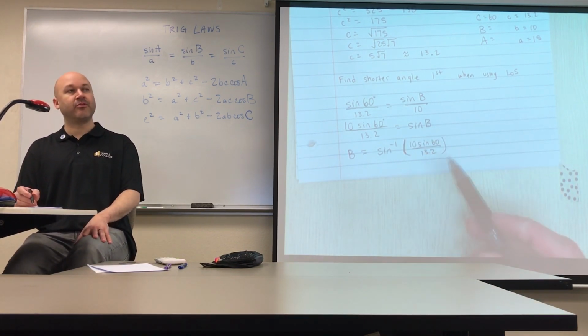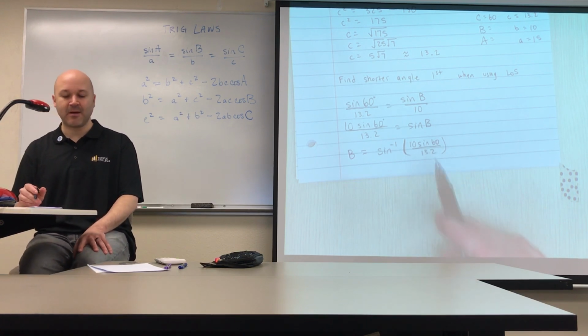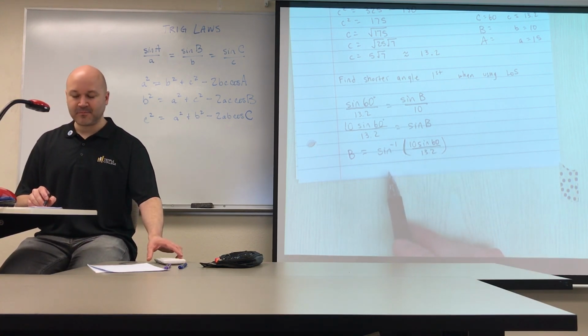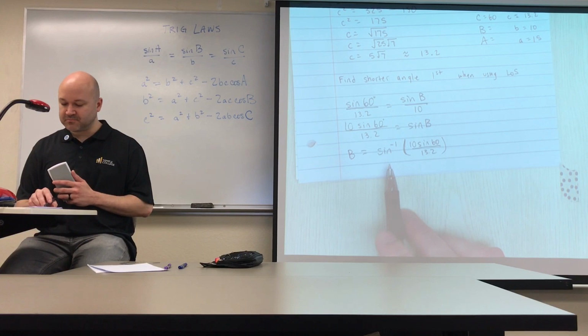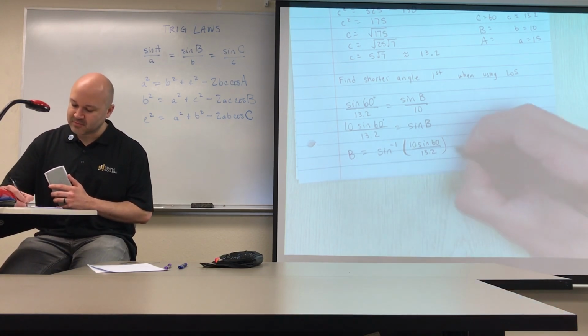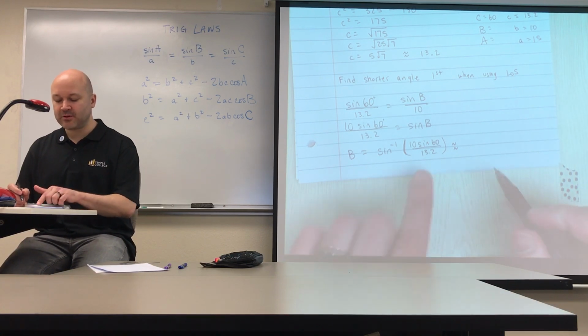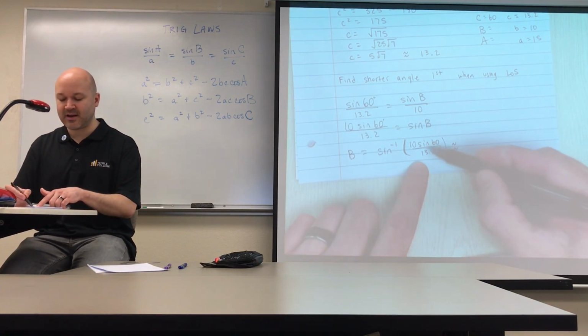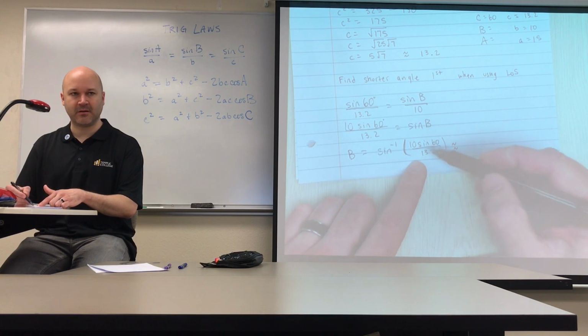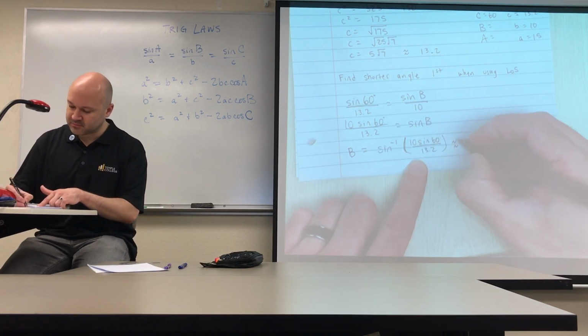Sine of 60 is root 3 over 2. So I could simplify, but I'm going to have to use a calculator anyway, so I'll just leave it as such. I'm going to get a decimal approximation. Actually, before I do the arc sine, let me simplify what's inside, because I want to talk about that input.